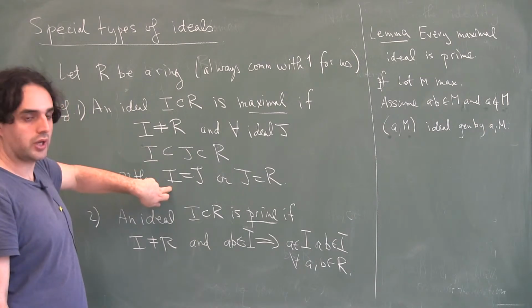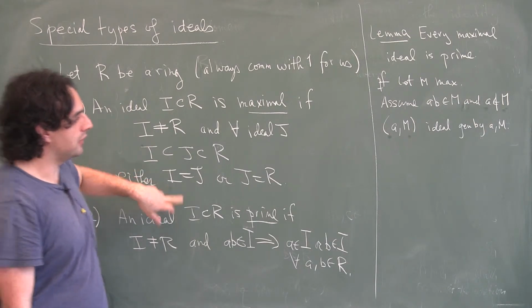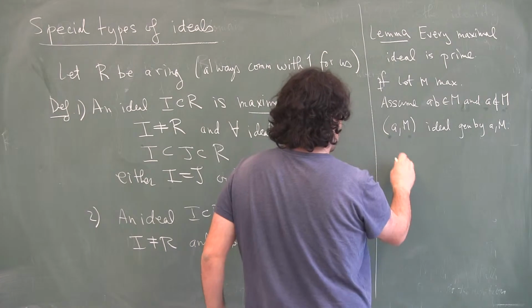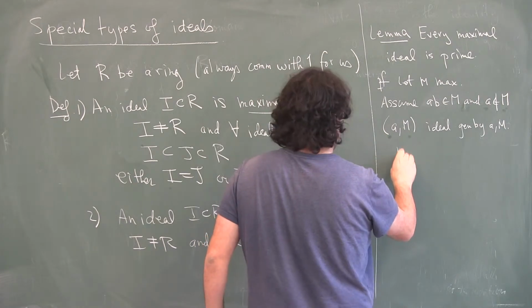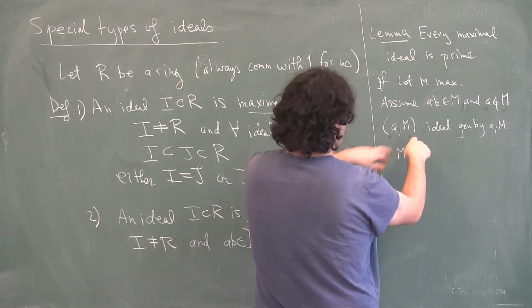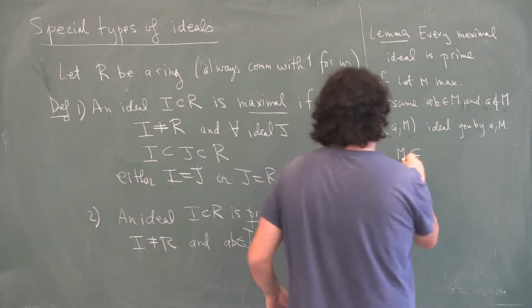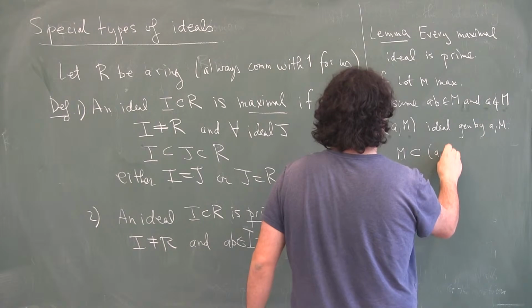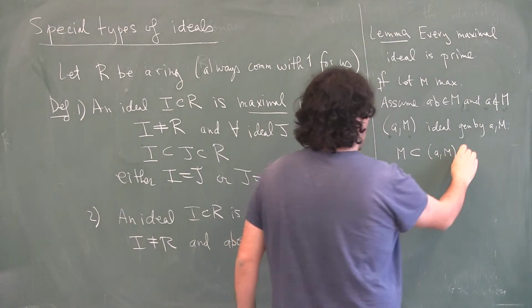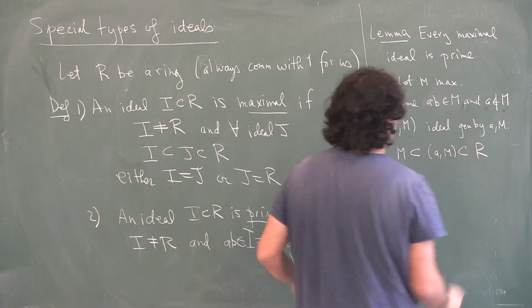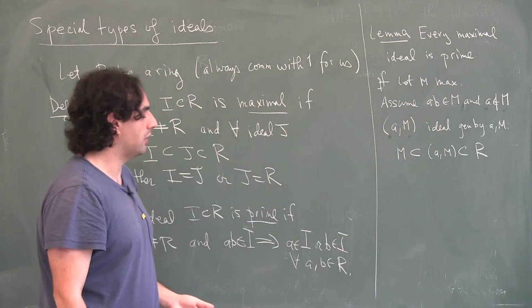Remember what we have here in the definition of maximal ideal. This guy is trying to squeeze in between M and R. It's generated by A and M, so it certainly contains M. M is contained in this ideal, and this is contained in R. Every ideal of R is contained in R.